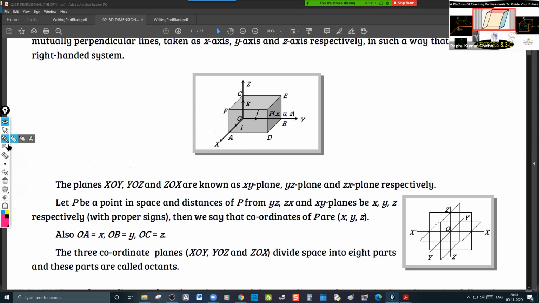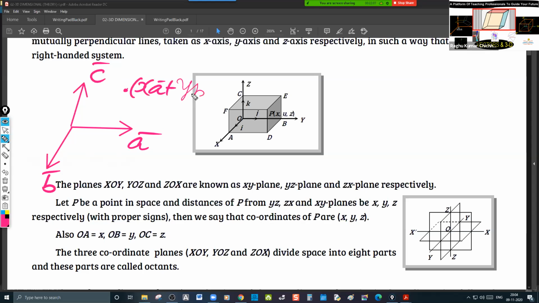I'll explain it like this. For example, if you take a vector like this, it is a bar. This is another vector, b bar. And this is another vector, c bar. These three need not be mutually perpendicular to each other, but if a bar, b bar, c bar are non-coplanar, that is sufficient for us to express any point in the space using vector algebra.